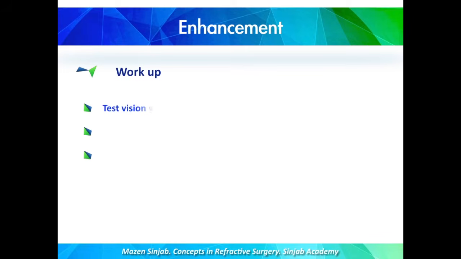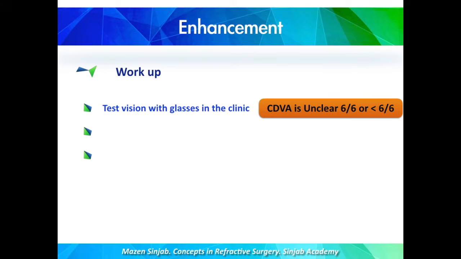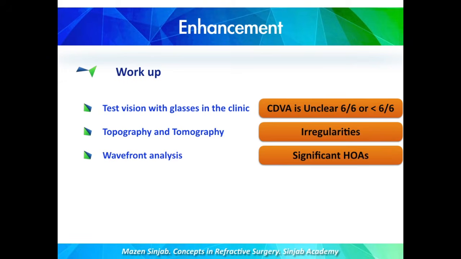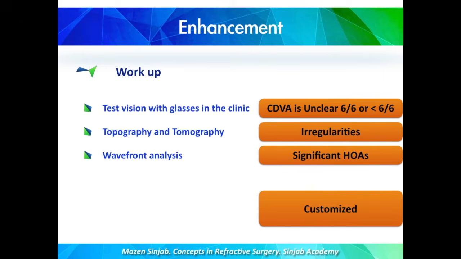While if the vision with the glasses is not optimum, the patient can see 6/6 unclearly or less than 6/6, or he is not happy with this vision, and the topography and tomography show irregularities and the wavefront analysis shows significant high-order aberrations, in this case, we have to do the customized laser treatment.